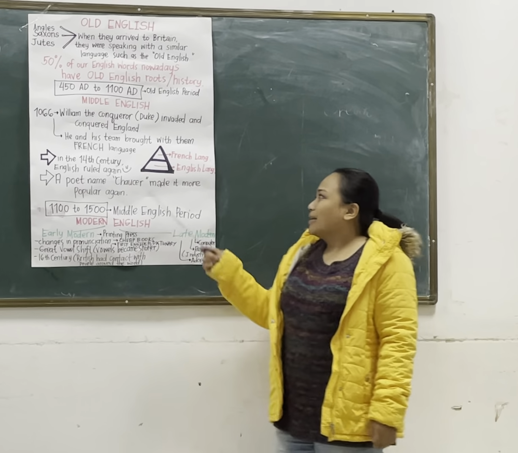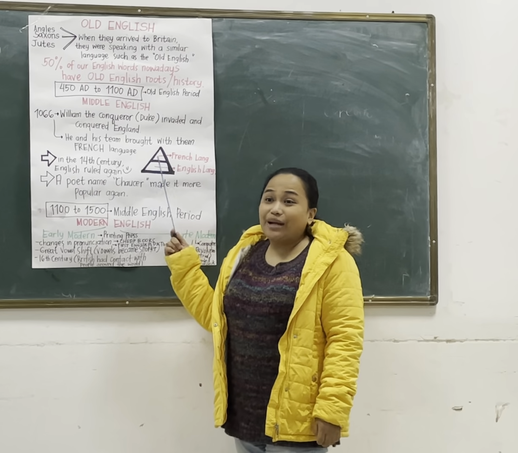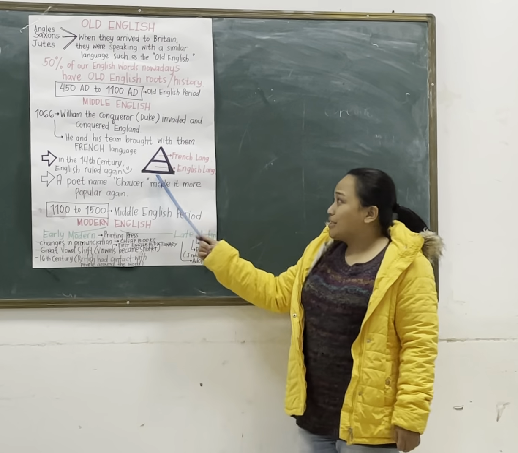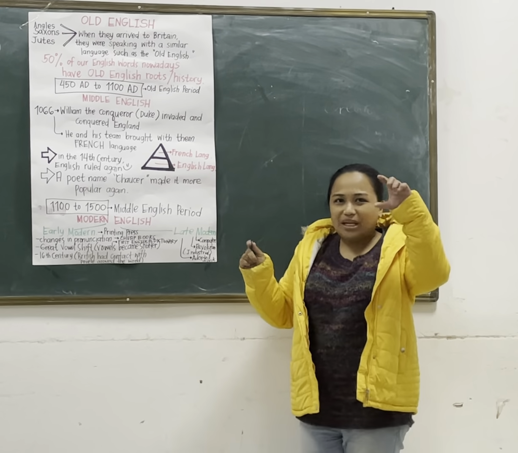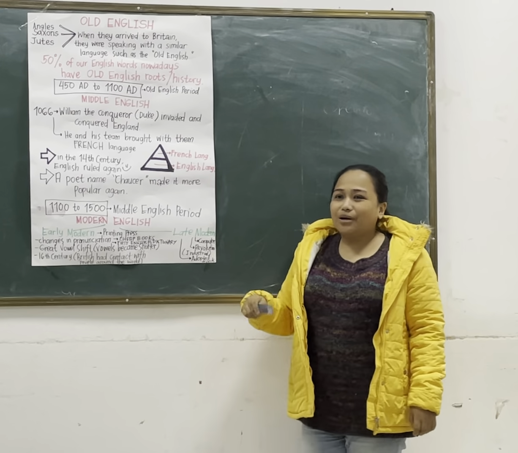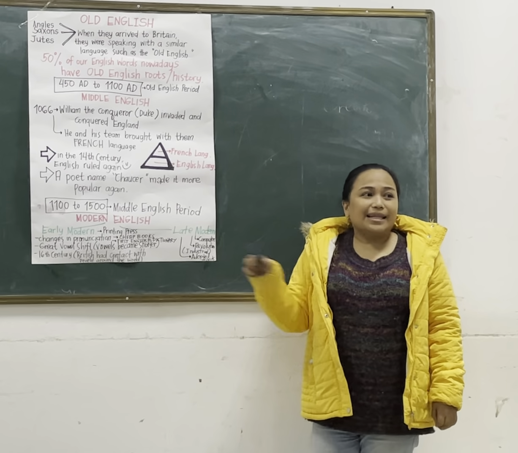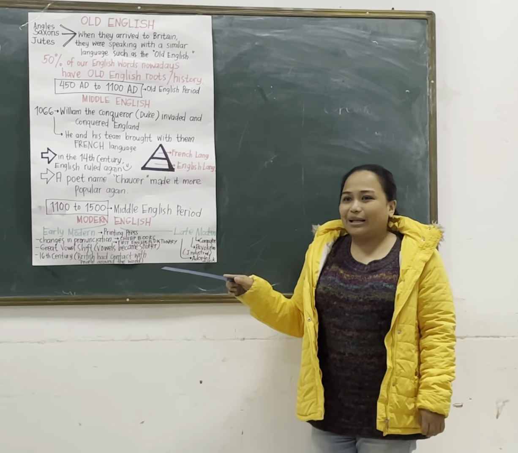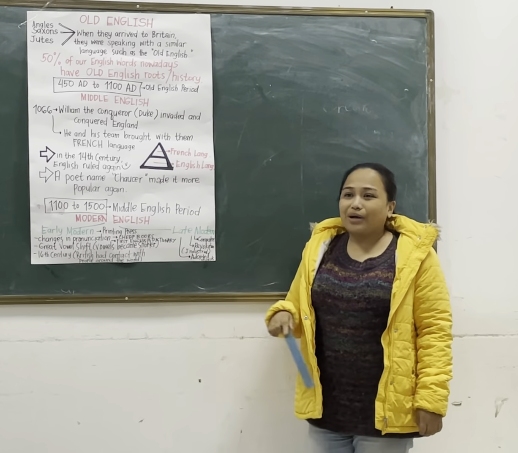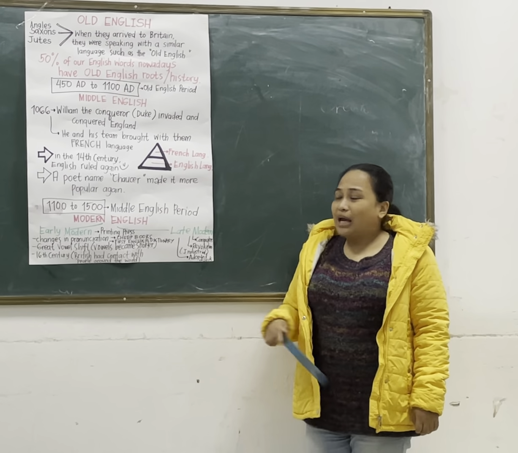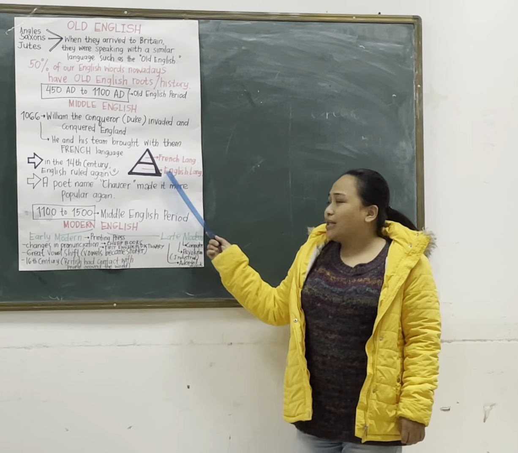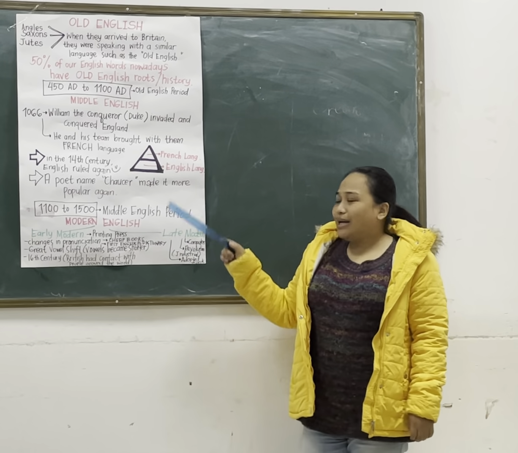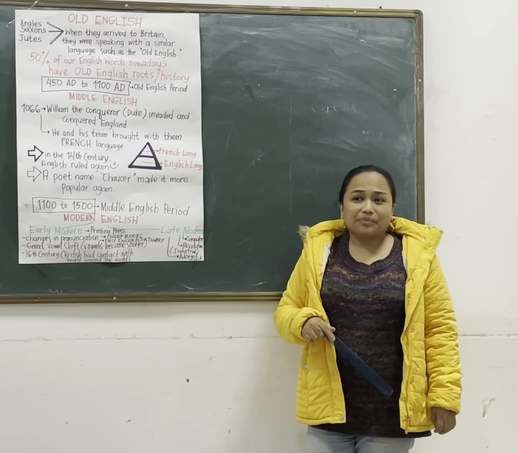Then it was very unfortunate. Why? Look at this triangle. The upper part, which is the smallest part, they were the rich people, the elite, the businessmen. And they spoke French. But the slaves, the workers, the ordinary people, they were speaking English.